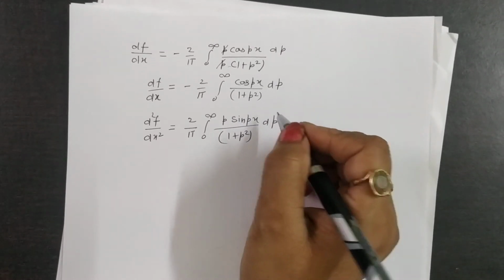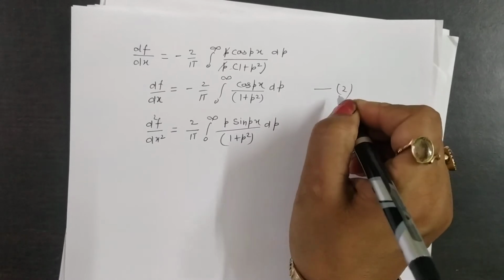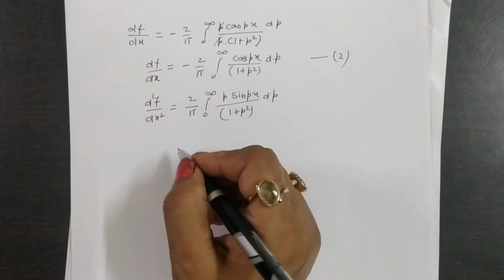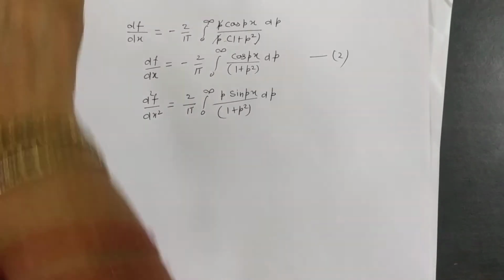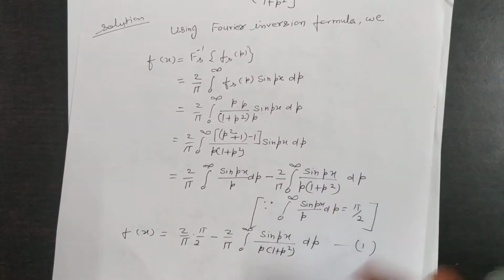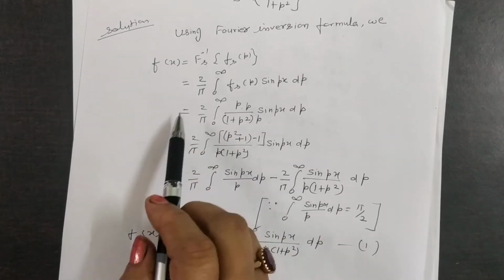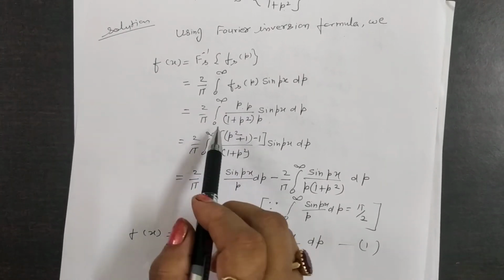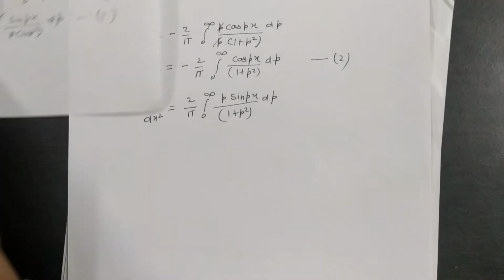Okay, let us suppose that this equation is differentiated twice. The solution of this is f equal to 2 by pi of this integral.